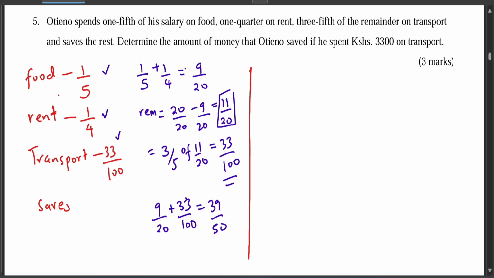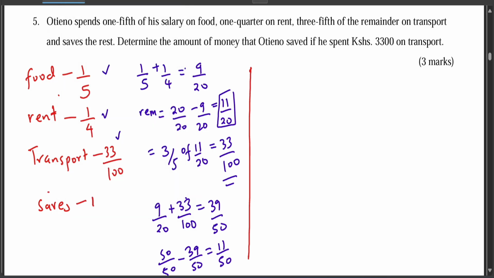So you've used 39 out of 50 for the 3 utilities. So the remainder will be 50 out of 50 minus 39 out of 50, which is I think 11 something. It's 11. Yeah, it's 11 out of 50. So 11 out of 50 are your savings.